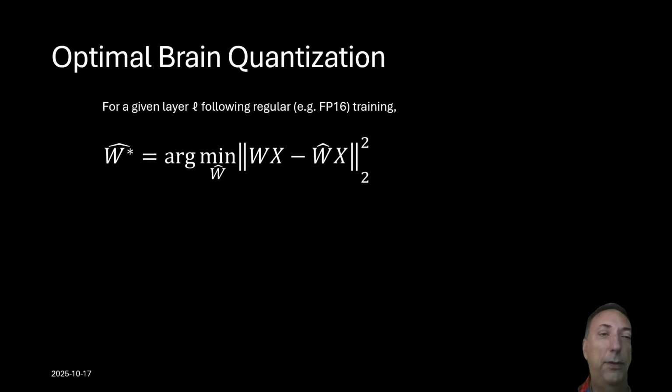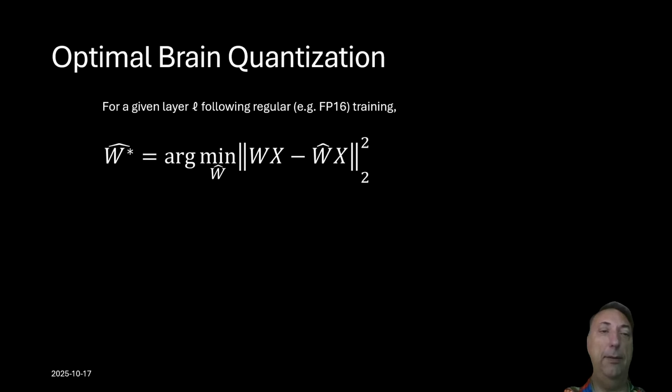The very first algorithm that was a little bit smarter was called optimal brain quantization. It actually serves as the foundation for the current algorithm, which is GPTQ. I'll mention what the additions are that GPTQ adds. Basically, they're just embellishments to this core algorithm.